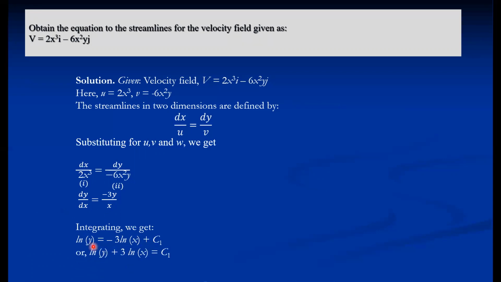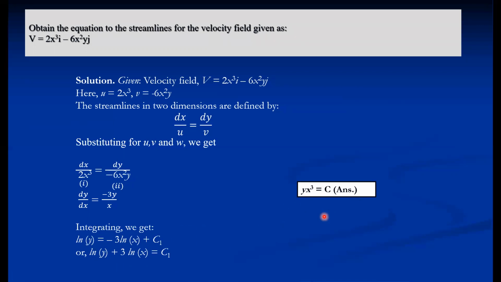So ln y plus 3 ln x equals c1. Taking anti-log, where the sum of logs becomes a product, we get y into x cube equals c. This is the expression of streamline in 2D flow.